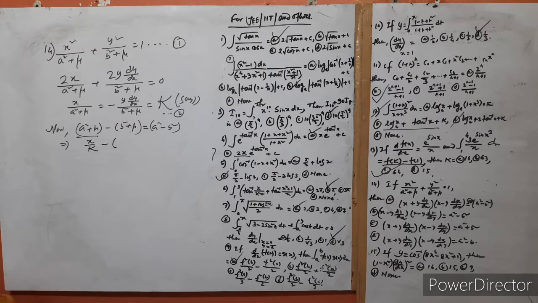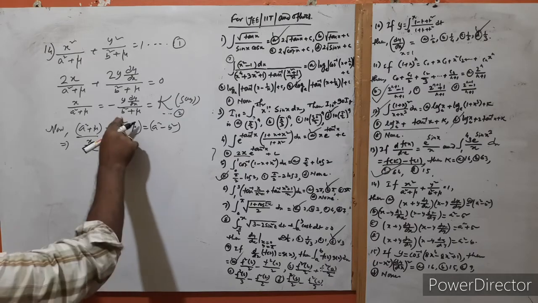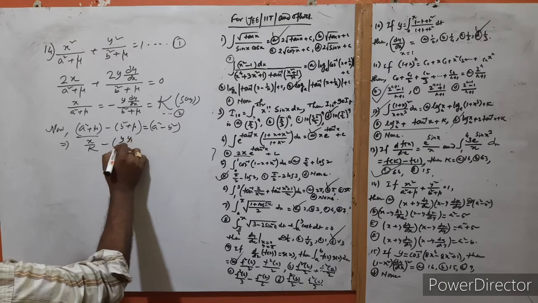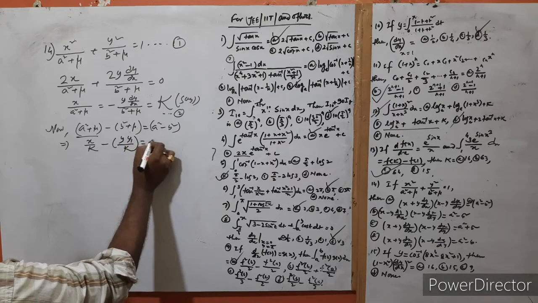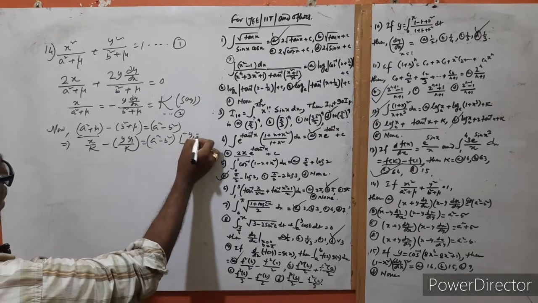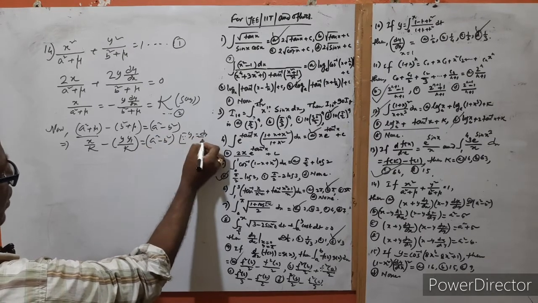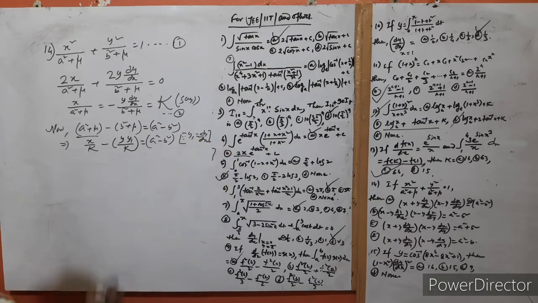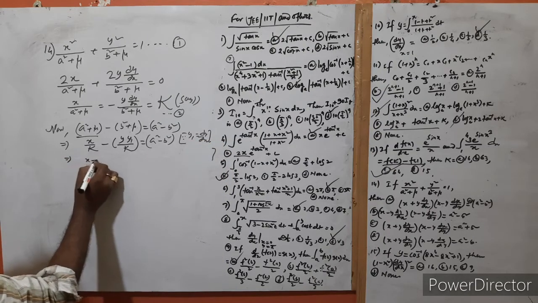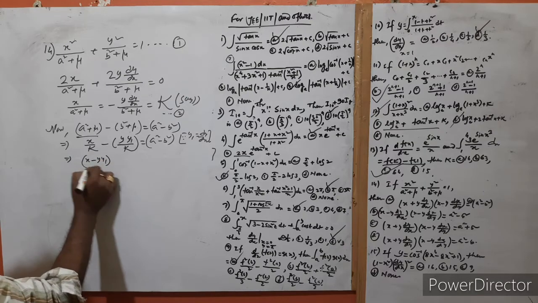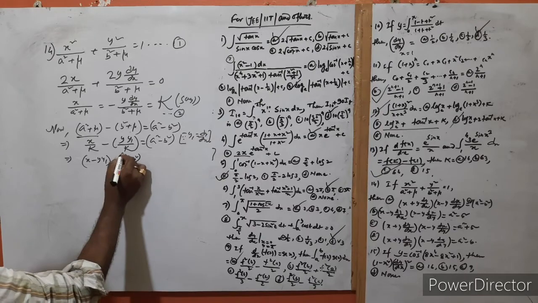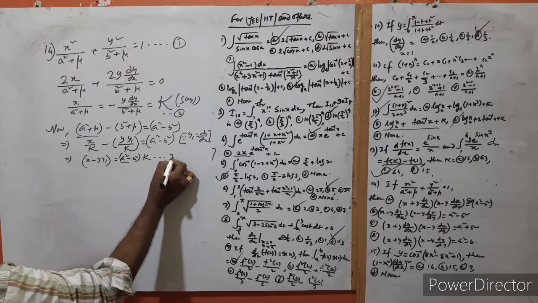From this, y by b square plus mu is y1 by k, and this is equal to a square minus b square. And y1 means dy by dx here. So x minus y y1, take LCM k, a square minus b square into k. This is 3.